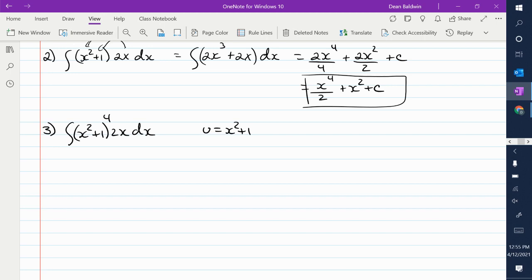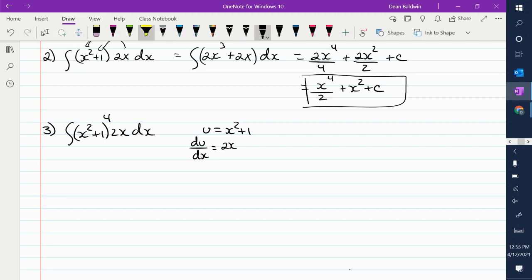Then we do our derivative. Du dx is equal to 2x. What do I do now? You want to get rid of, so essentially we have this gone, right? This is now u. But I have all of this bit to get rid of. I don't solve for dx.